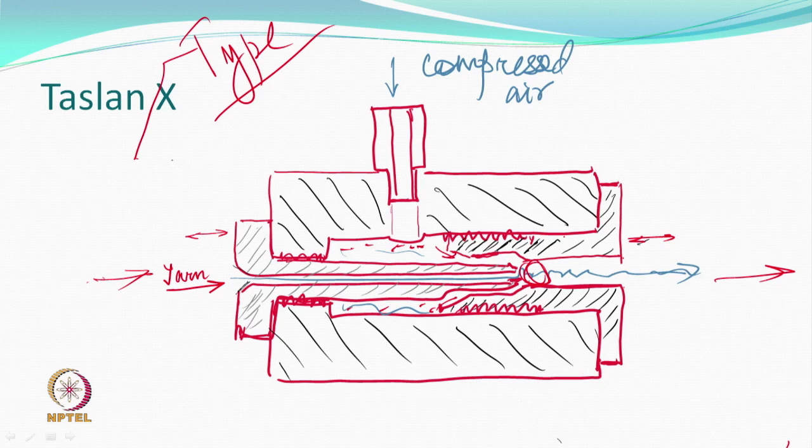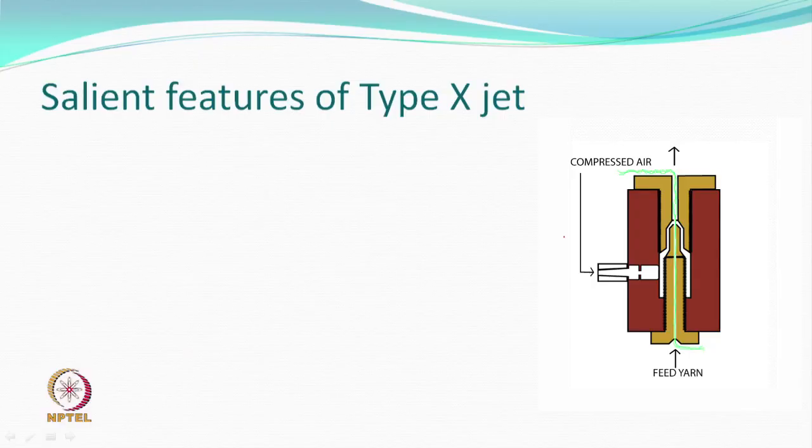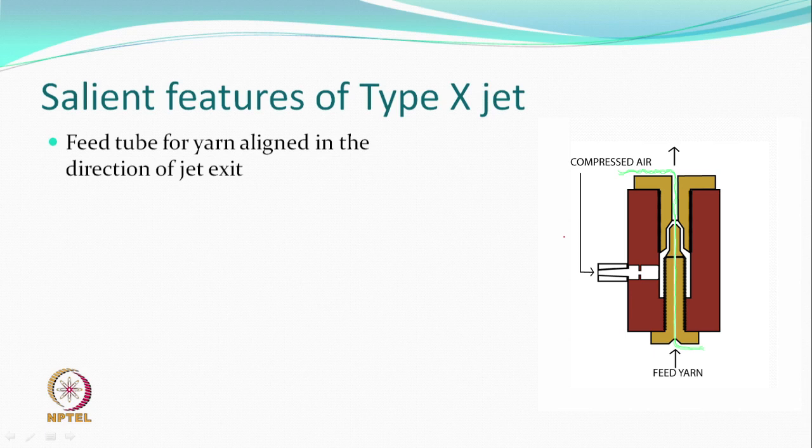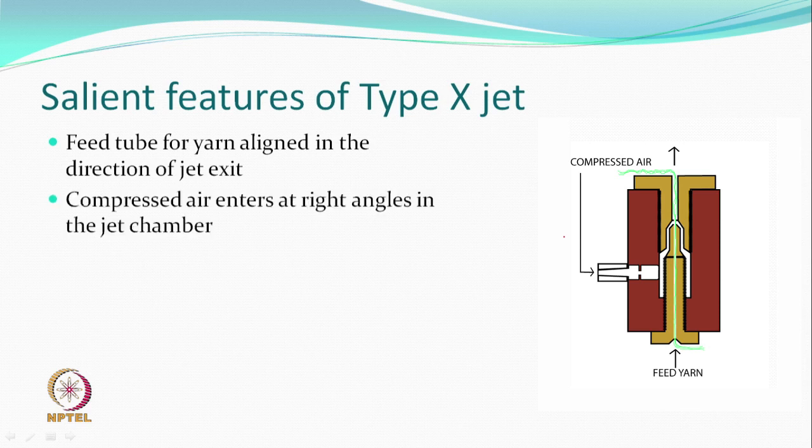What should be the angle of the feed tube, etc., was no more important. So, for this type 10 jet, the salient features which changed from type 9: the feed tube for yarn was aligned in the direction of the jet exit. That is one change.